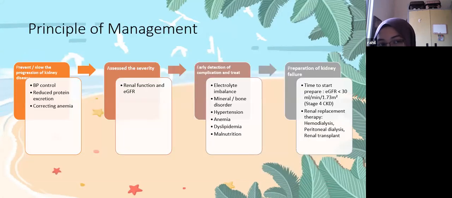So this is the principle of management. First, slow the progression, then assess the severity, then detect and treat the complications, and then we prepare for kidney failure, which is dialysis or renal replacement therapy.